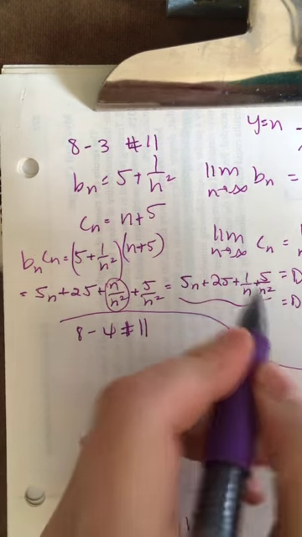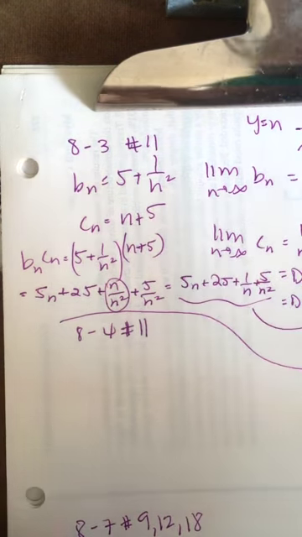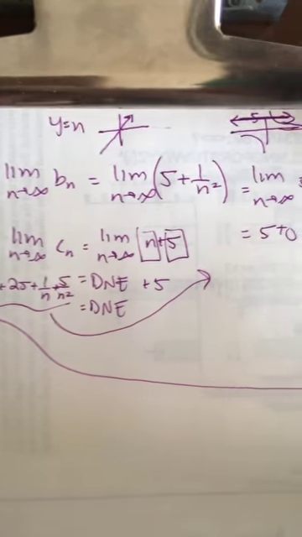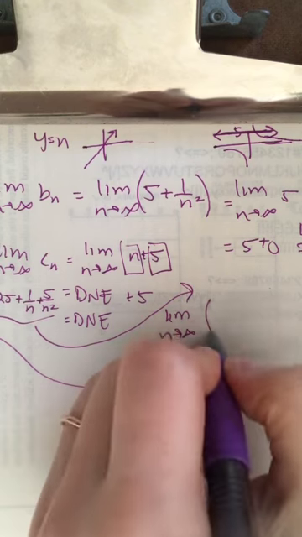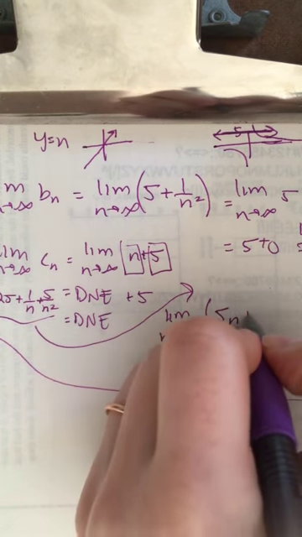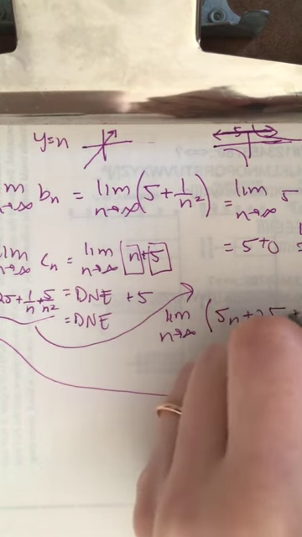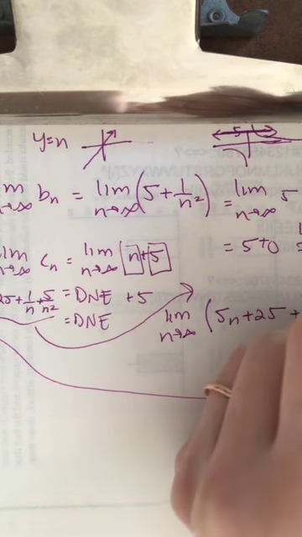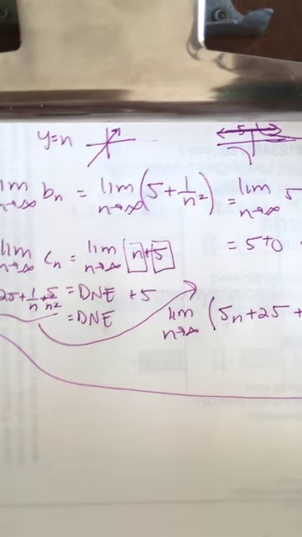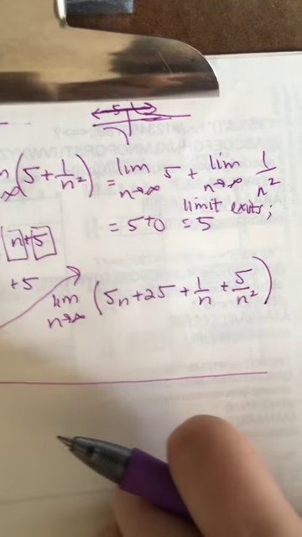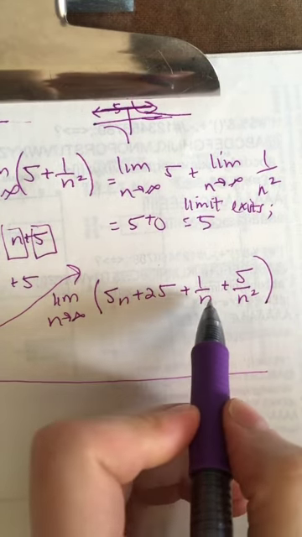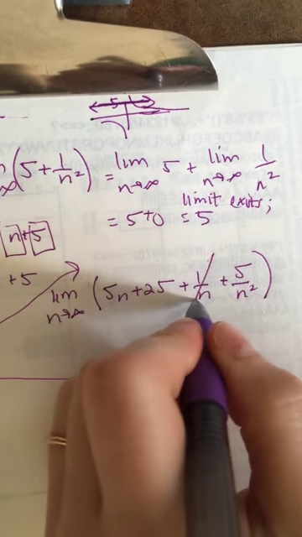I'm going to take this and rewrite it with limit notation. So I want the limit as n goes to infinity of 5n plus 25 plus 1 over n plus 5 over n squared. Now let's see what limits we know from this. If n is ever in the denominator and it's just a constant on top, those go to 0.